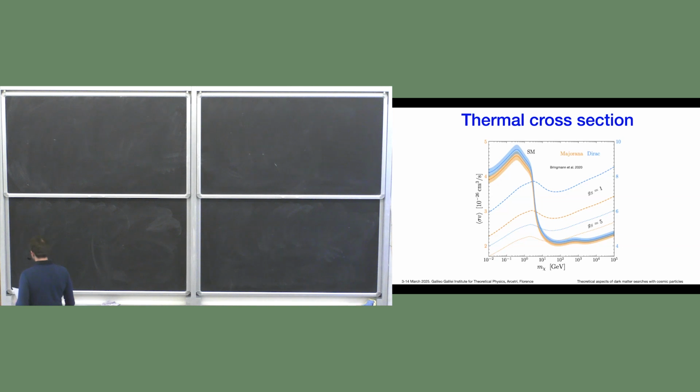But nature could have been not as nice with us as we might expect in the WIMP case, because dark matter could have never been in thermal equilibrium. And so you could have reached the right relic density with another mechanism, for example, the freeze-in.